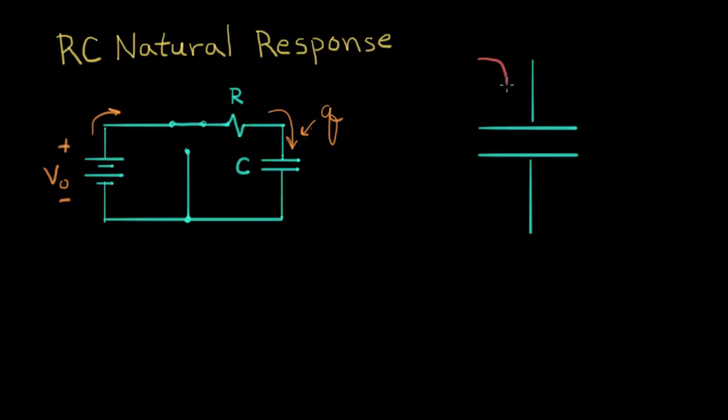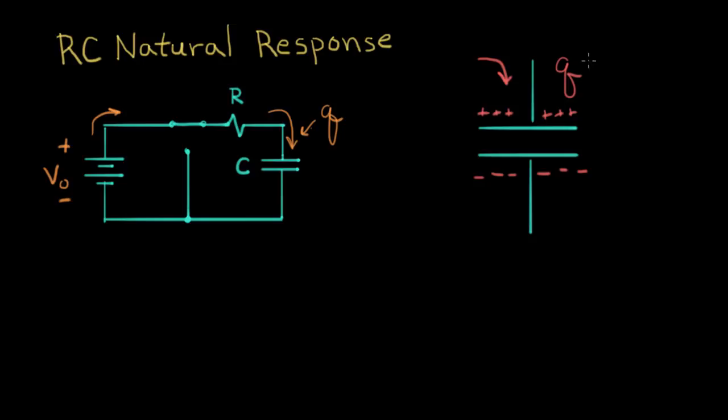As charge flowed in here, it piled up on this side of the capacitor, and there's a corresponding negative charge that collected on the other side. This amount of charge matches this amount of charge. So that's what we mean when we say that Q, or charge, is collecting on a capacitor.